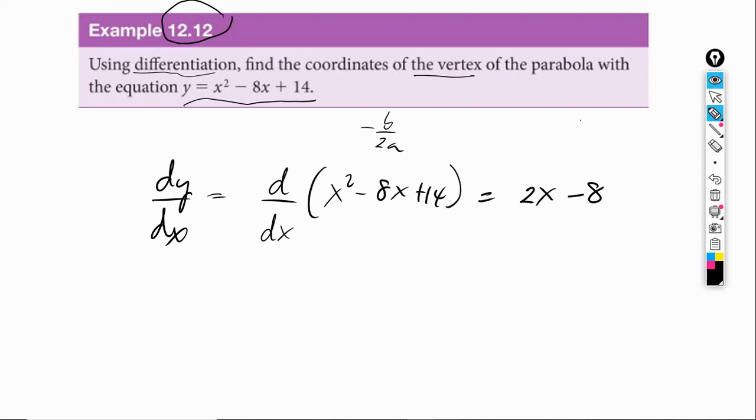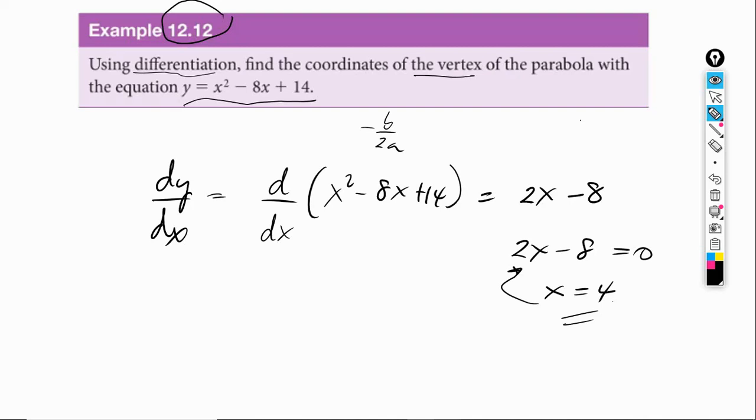Now, because we want to find a minimum, we equal this to 0. So 2x minus 8 equals 0. And solving, x is equal to 4. So that's going to be the x coordinate of the vertex of the parabola. That means that I need to plug this into f of x. A common mistake is that people plug it into the derivative again and get 0, and then write that down as the coordinate.